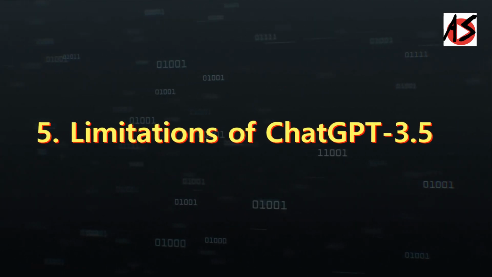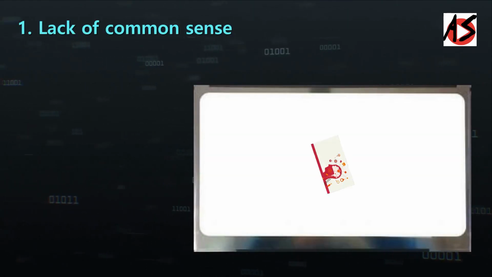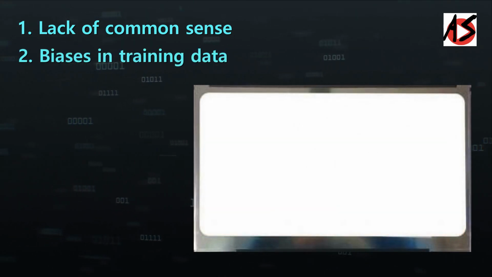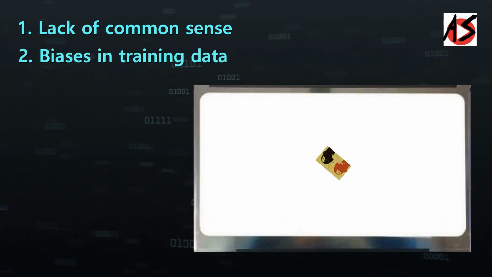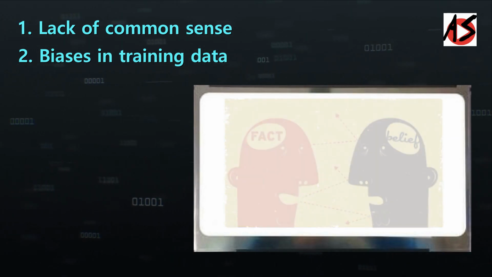Limitations of ChatGPT: lack of common sense and real-world knowledge, bias in training data. ChatGPT is trained on a large corpus of text data which may contain biases that are reflected in its responses.